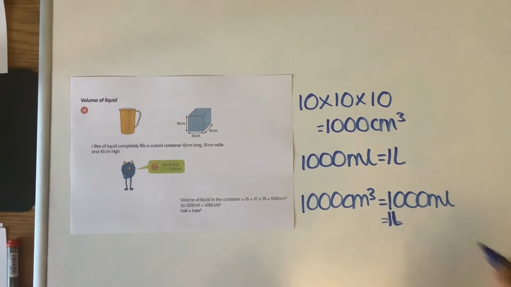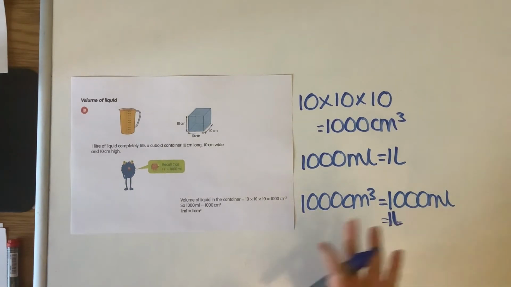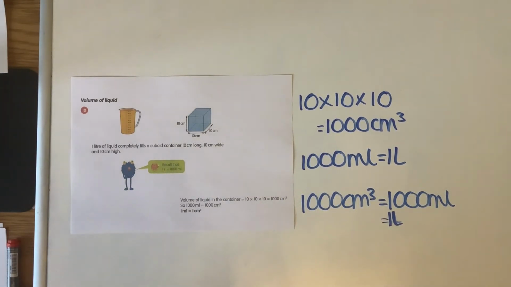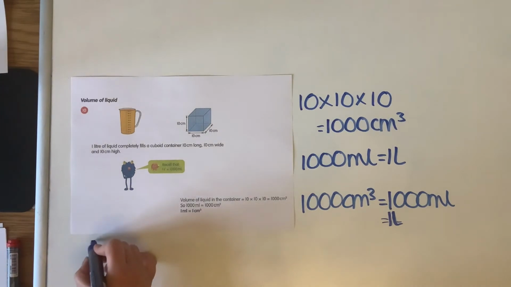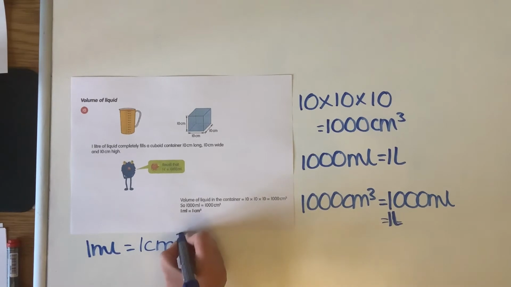If we know that these are equivalent, let's think of some other measurements. If I think of 1 millilitre, have a think. What is 1 millilitre equivalent to in volume? It would be 1 cubic centimetre.